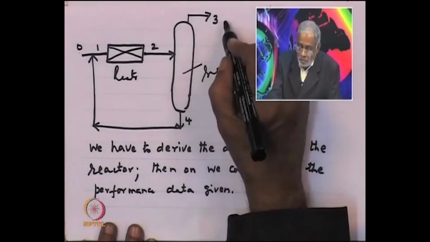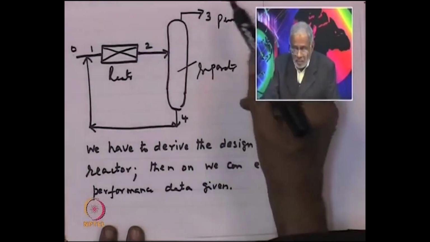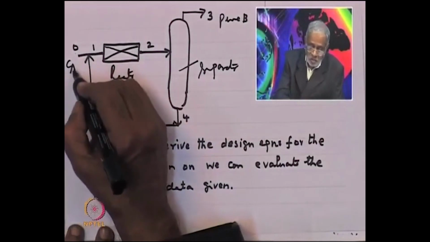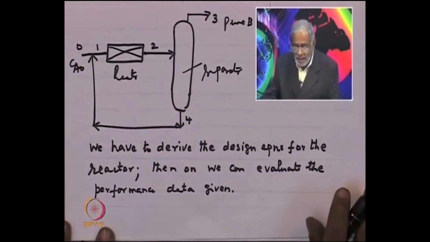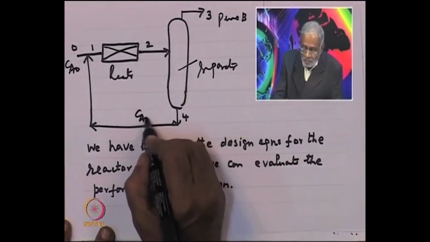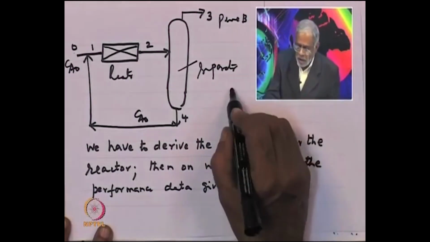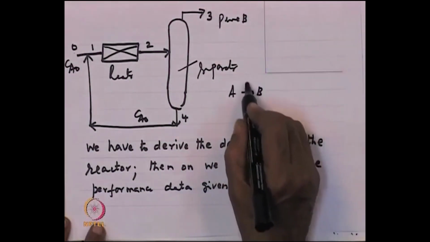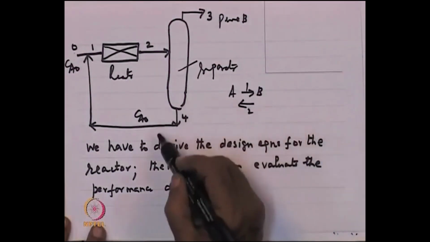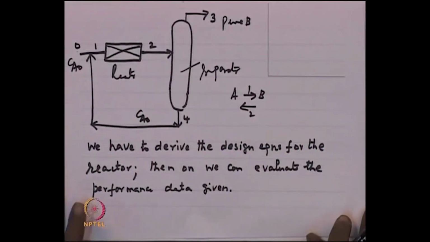This is pure B. Since this is pure B and Ca0 is coming in, and since B is fully recovered, this stream is only Ca0. This is common sense, because B is fully recovered and our reaction is A going to B and B going to A. Therefore, this is Ca0.